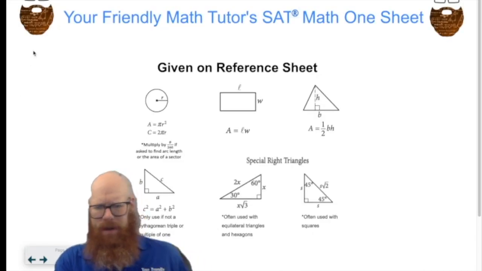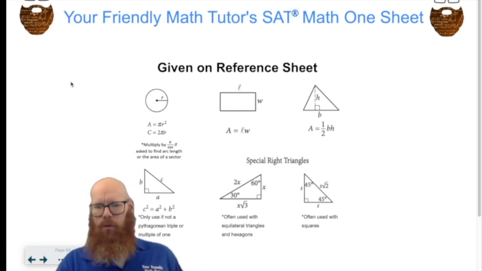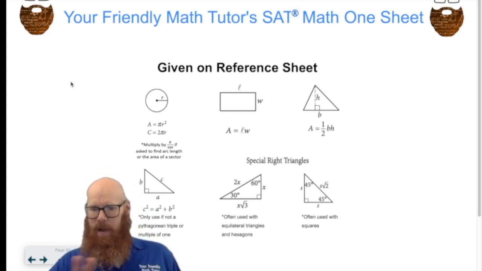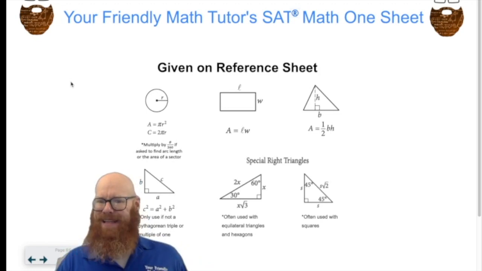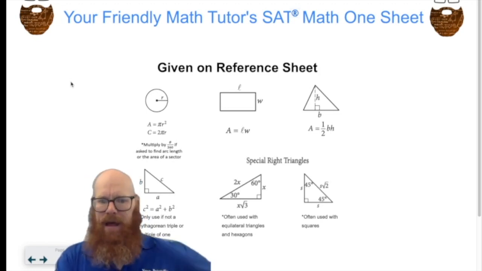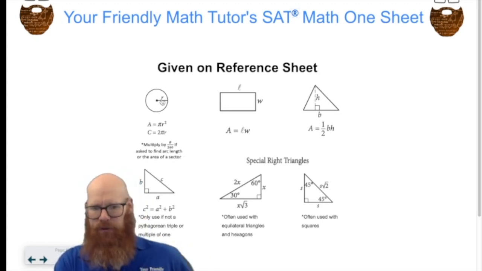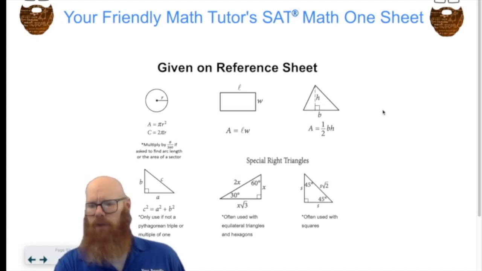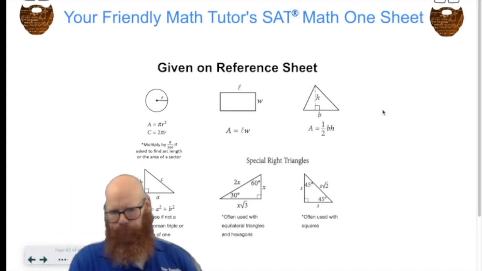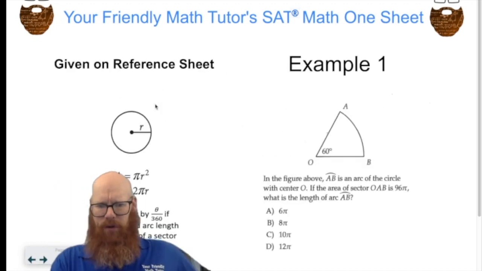So let's start with the given formulas, and today we'll look at 6 formulas and do an example of each. We've got area and circumference of the circle, which we'll consider one formula, area of a rectangle, area of a triangle, the Pythagorean Theorem, and both special right triangle formulas. So let's start with circles.